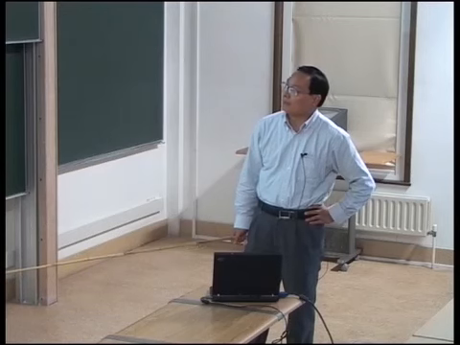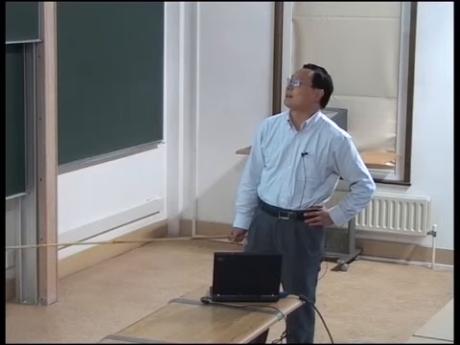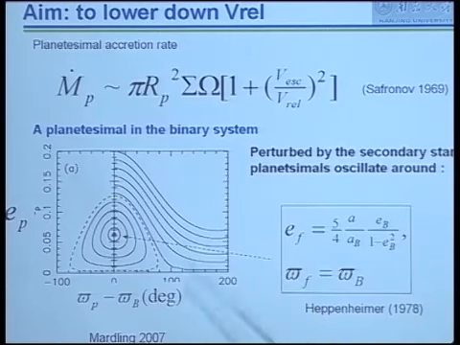So first of all, let's have a look at what happens to a planetesimal in a binary system, without any gas first. If a planetesimal is put in a binary system, it should be pumped by the second star, and the longitude of perihelion, the periastron, could also be aligned with the binary companion.